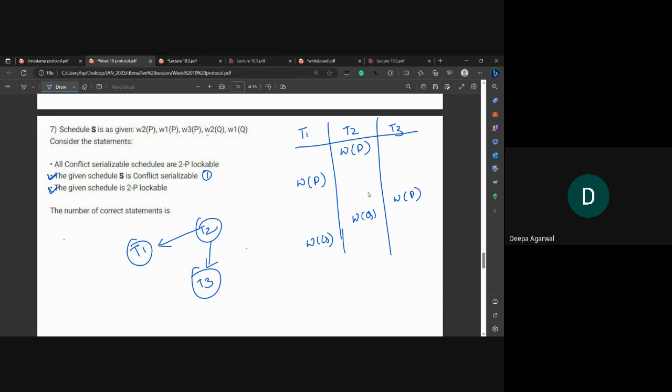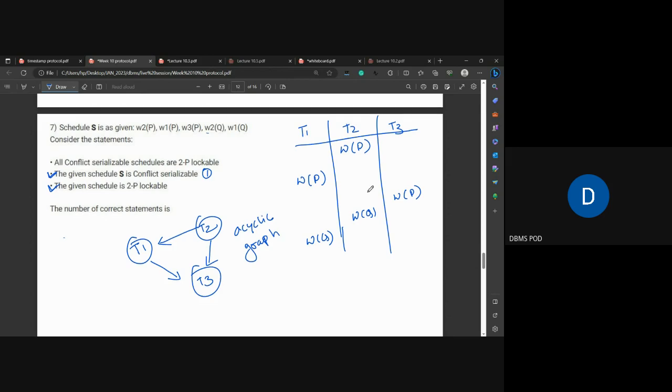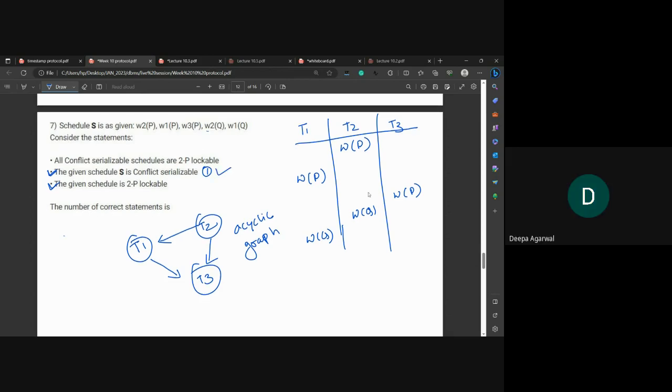I did not consider Q. Then T2 to T1 will be there. So is that a cyclic graph? No, sir, this is not a cyclic graph. So if it is not cyclic, this schedule is conflict serializable. Correct? Now we have to see whether this schedule is 2PL lockable or not.